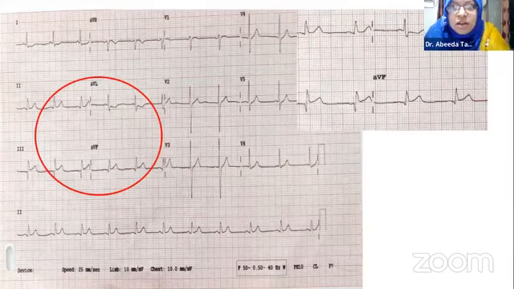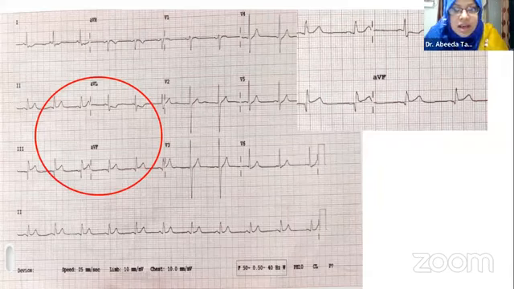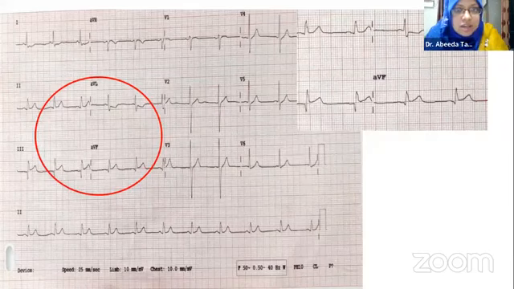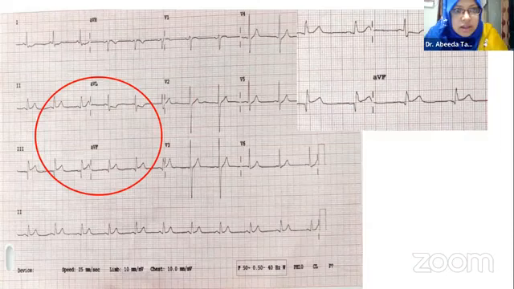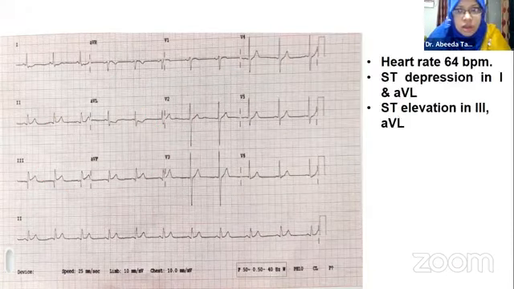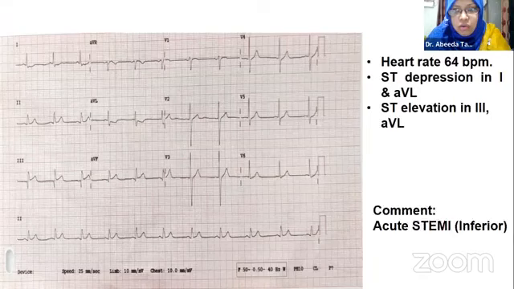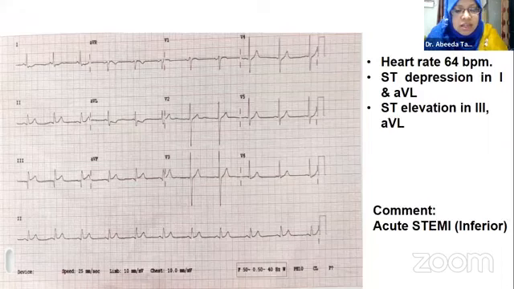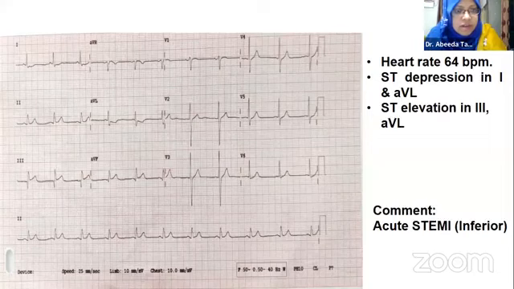Yes, if we zoom it out, we can see that there is ST elevation in lead 3 and lead aVF, and in aVL there is also ST depression. So we diagnosed this patient as a case of acute ST-elevation MI, inferior.